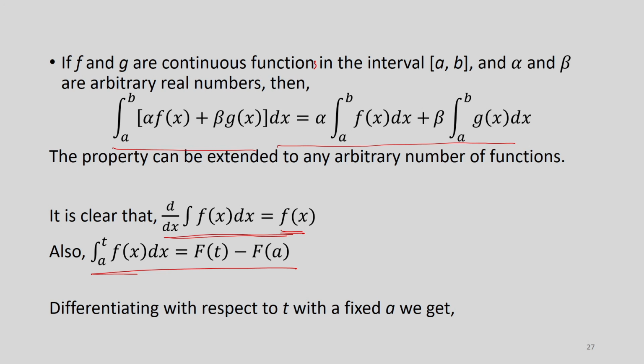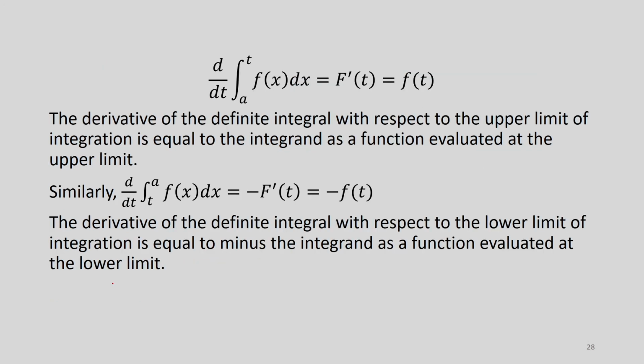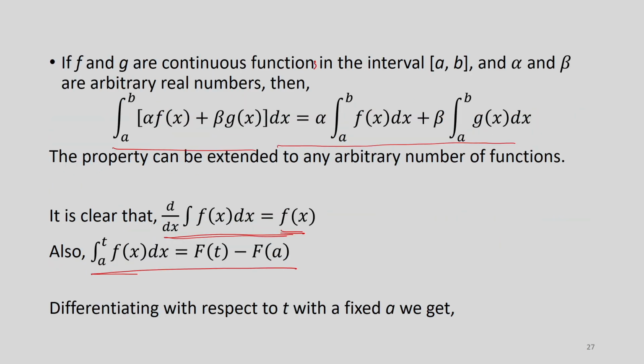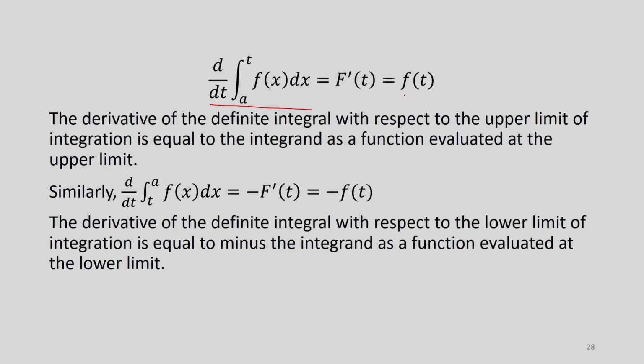Then what do we get? If I differentiate this, the left hand side will be d/dt of the integration of a to t f(x) dx, and on the right hand side this term will drop out because it is constant, and the differentiation of capital F(t) is, as we know, equal to small f(t).